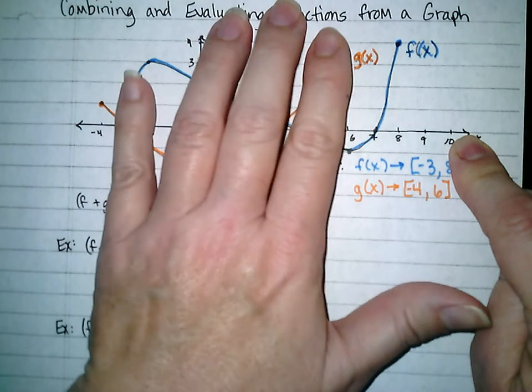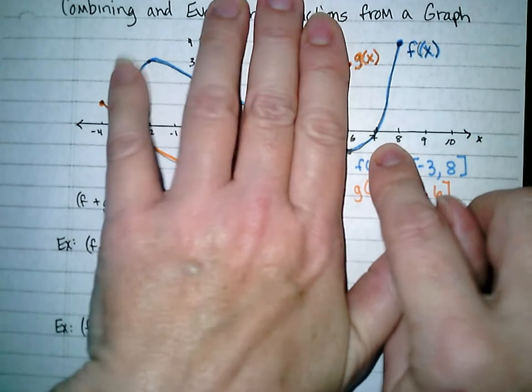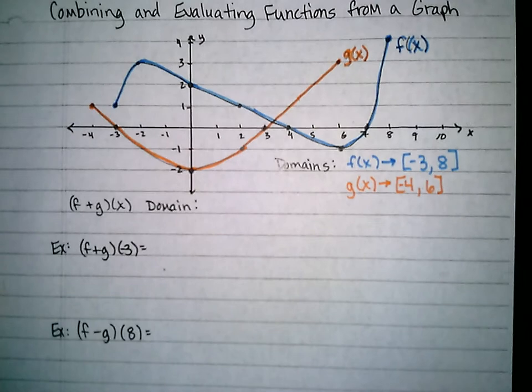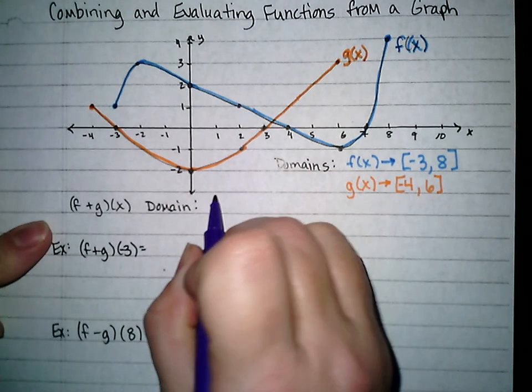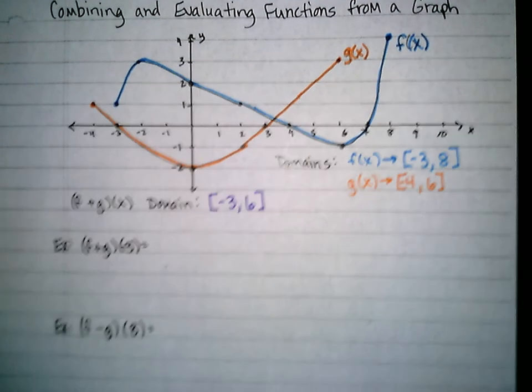I also could not ask you to do f plus g of 7 because g of x doesn't exist at 7, so it does not make any sense to add them together. So the domain of the overlapping functions, f plus g, would be from -3 to 6.